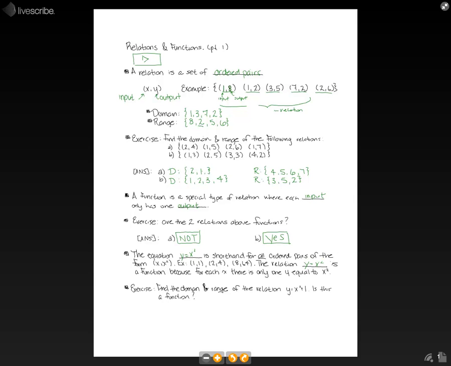Our last example asks us to find the domain and range of the relation y equals x squared plus 1, and then determine if that's a function. So the first thing you're going to want to do is look and see what the domain and range are of this function. We could also first graph it, and graphing these sometimes helps because it gives you a visual of what you're looking for.